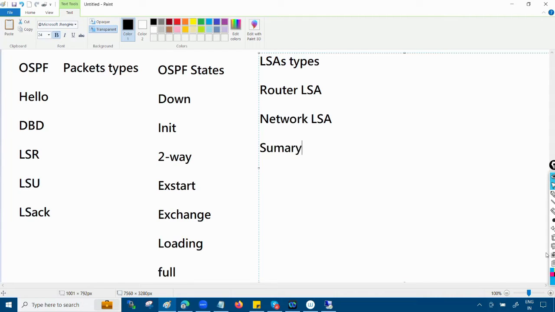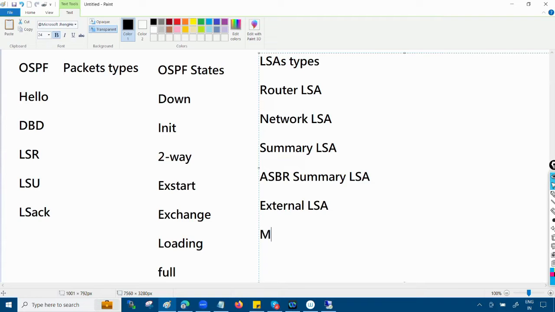That's going to provide the communication between two different areas. Then we have an ASBR Summary LSA, that's LSA 4. Then the external LSA, which is for redistribution.